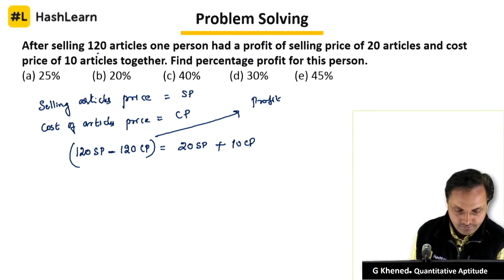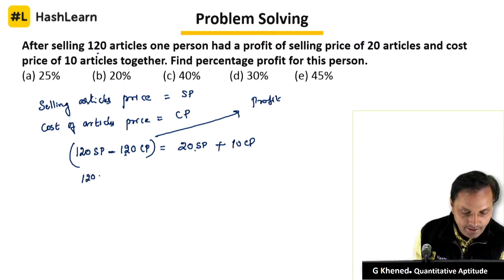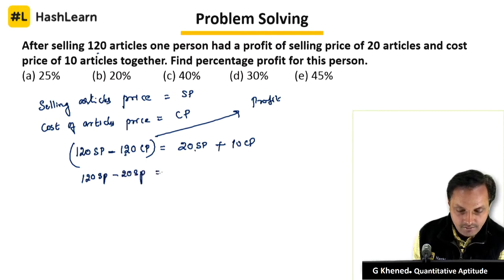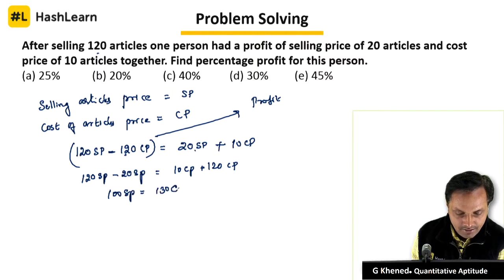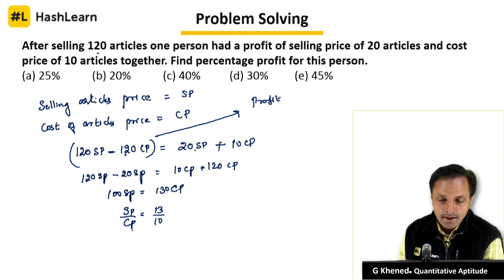So just do the simplification. If you shift this one this side and this one that side, 120 SP minus 20 SP, 10 CP plus 120 CP, 100 SP is equal to 130 CP. That will give you selling price by cost price equal to 13 by 10. What is the profit percent?